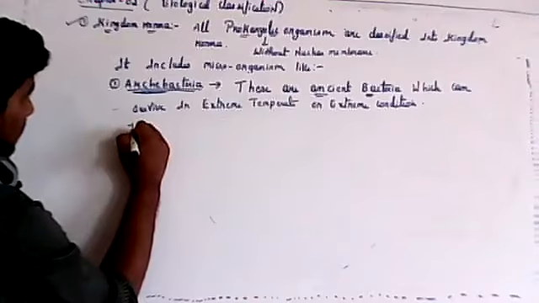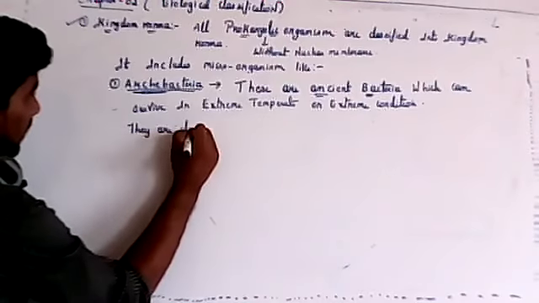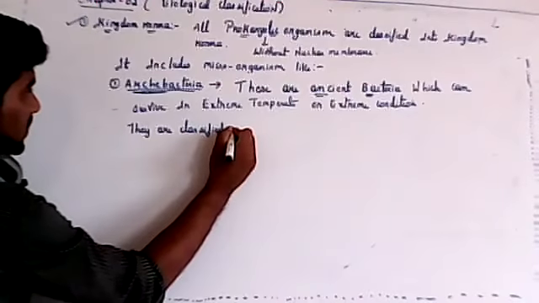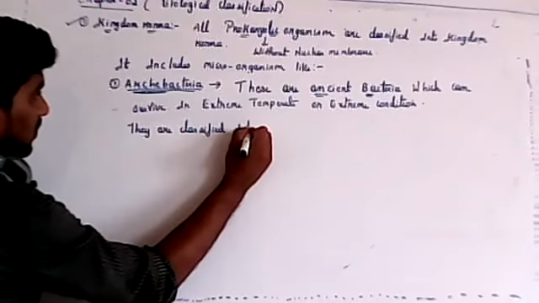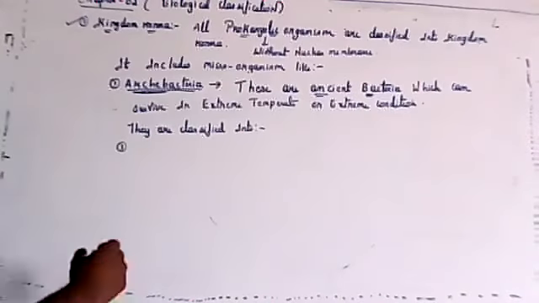Extreme conditions. So they are classified into 4 different types. The first one is halophiles.